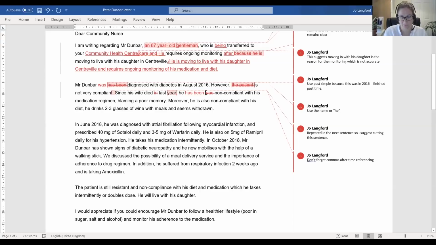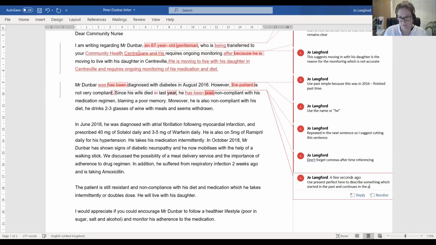So we'll put a little note here: use present perfect here to describe something which started in the past and continues in the present. We use this tense when we say since and a time. Okay.